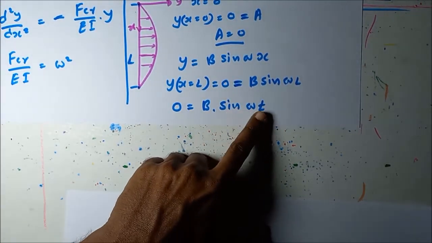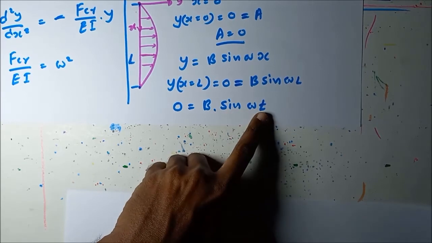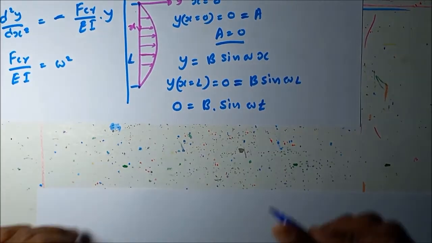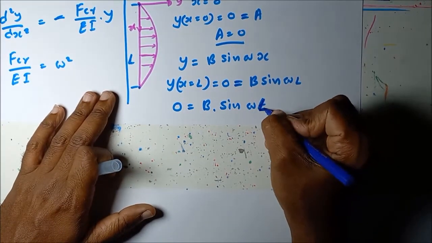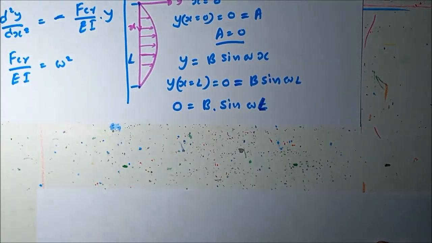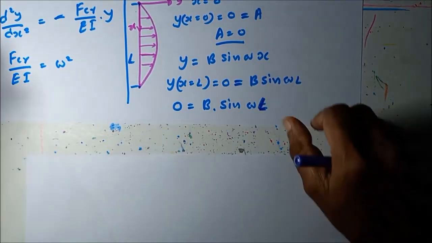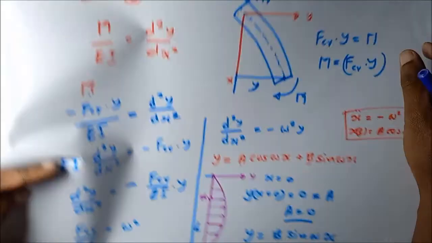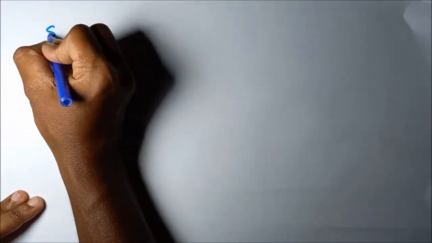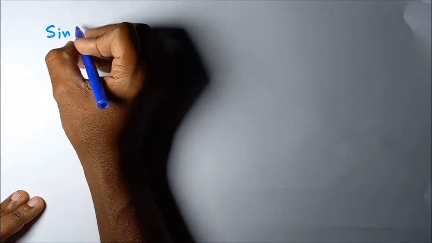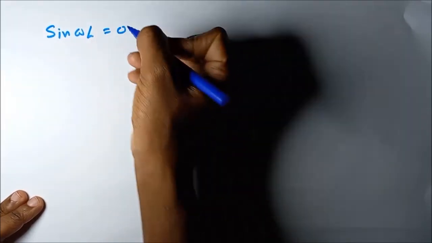So essentially sin omega L should be equal to 0. So let me write that equation: sin omega L should be equal to 0.